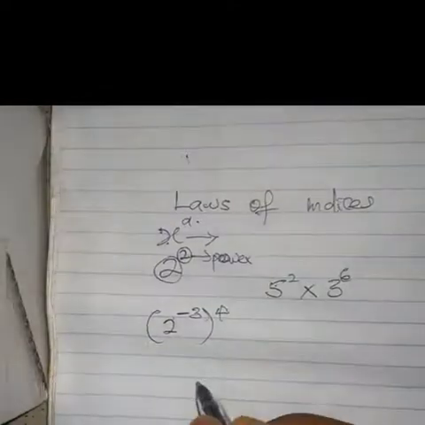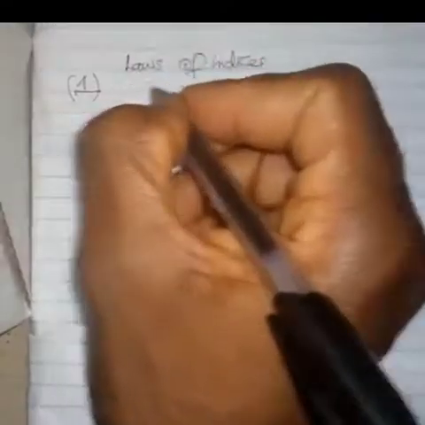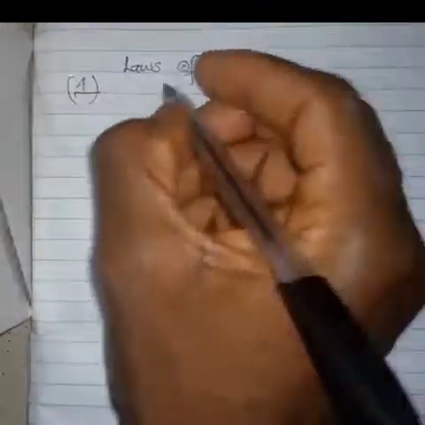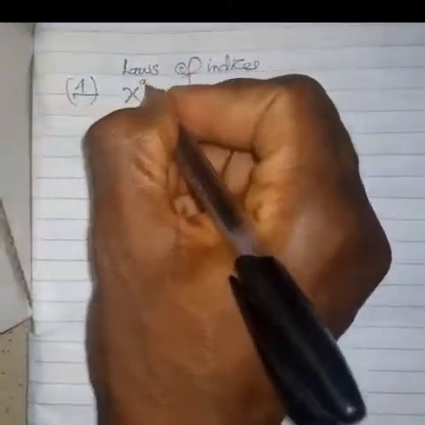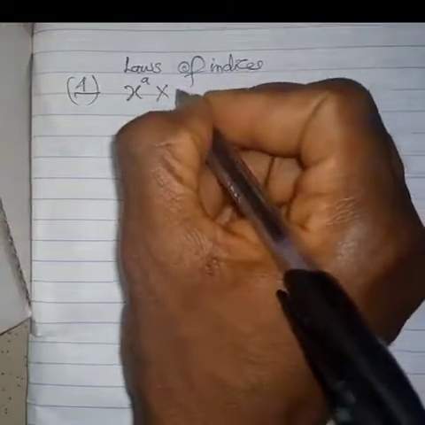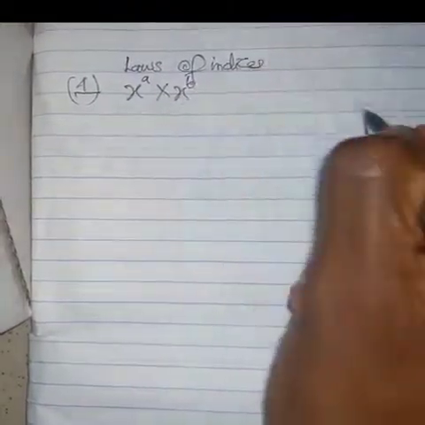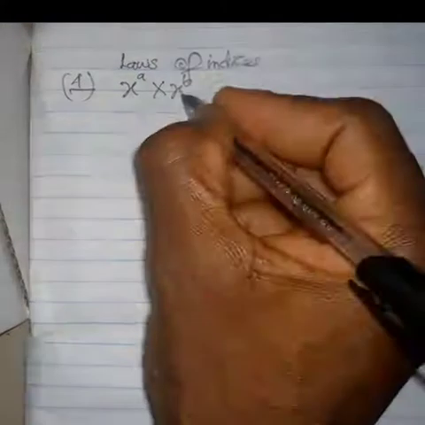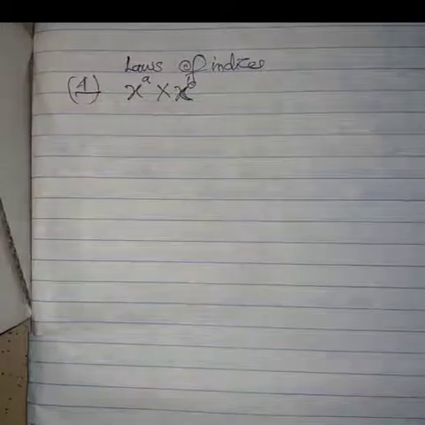The very first law, law 1, is if you have an expression such that you have x raised to power a multiplied by x raised to power b, how do you solve this kind of problem? This is x, so don't confuse it, multiplied by x raised to power b.